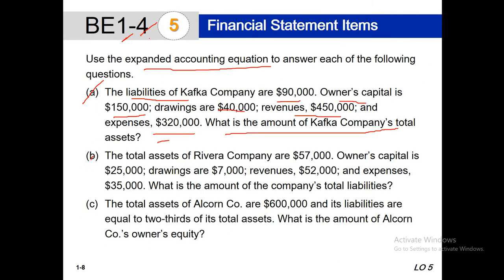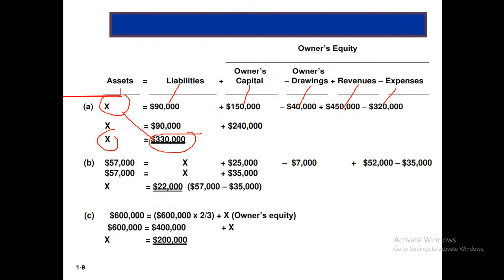Requirement B. The total assets of Rivera Company are $57,000. Owner's capital is $25,000, drawings $7,000, revenues $52,000, expenses $35,000. What is the amount of the company's total liabilities? Very easy to calculate here.